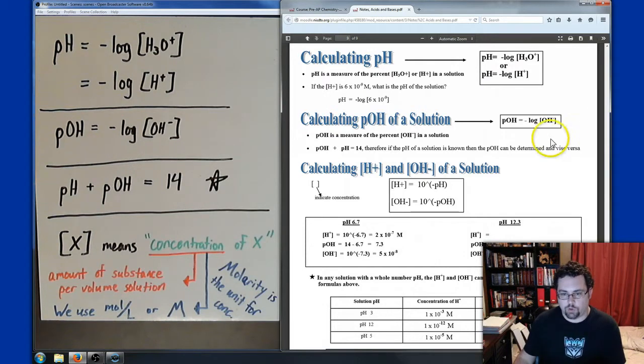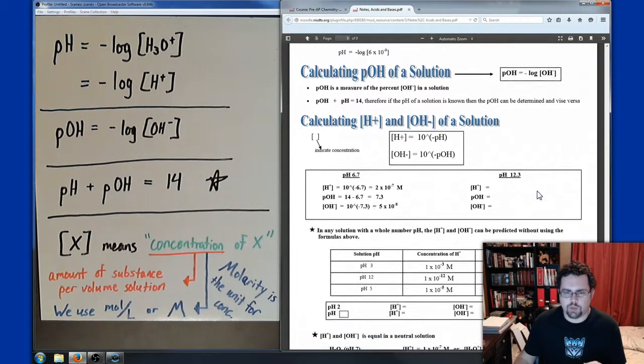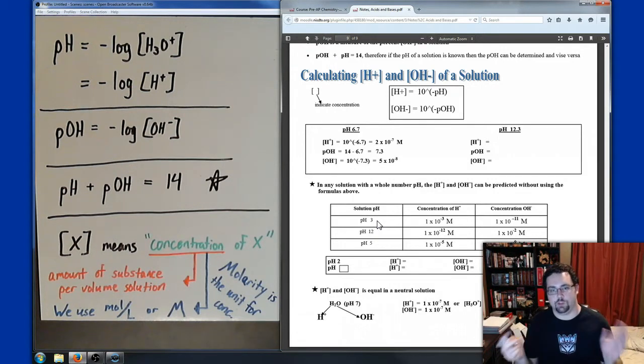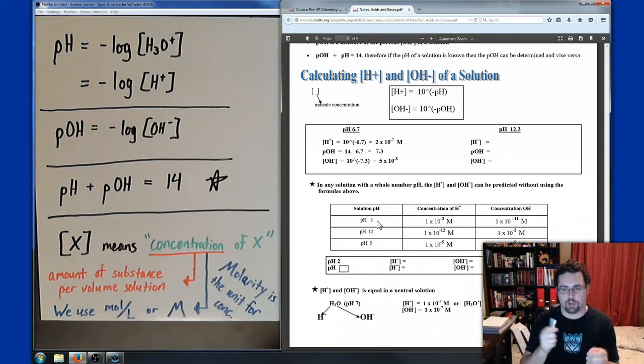Okay, so in any solution, if you've got a whole number pH, the H+ and the OH- concentration can be predicted without using the formulas above. For example, if I know the pH of the solution is 3, then that means the concentration of the H+ is 1 times 10 to the negative third. Since it's a negative log base 10, you just take the 3, put a negative in front of it, that goes on the power of 10, because that's how log base 10 works.